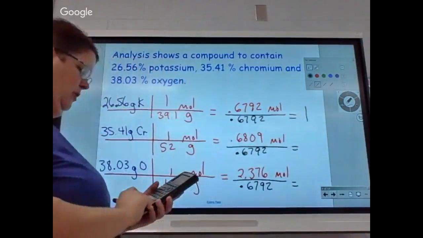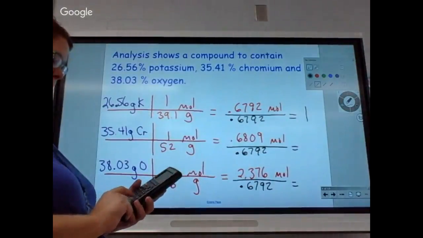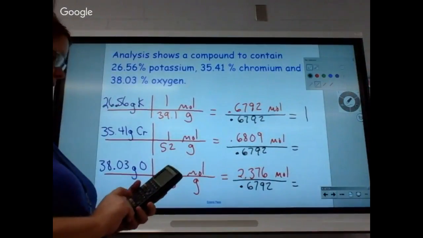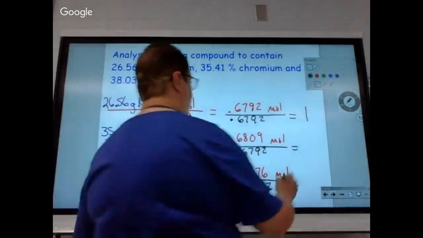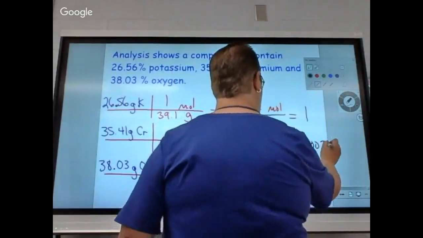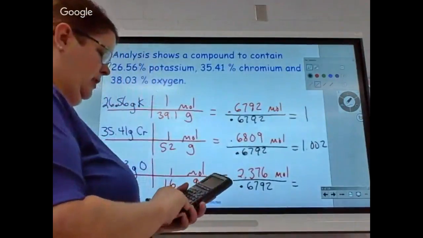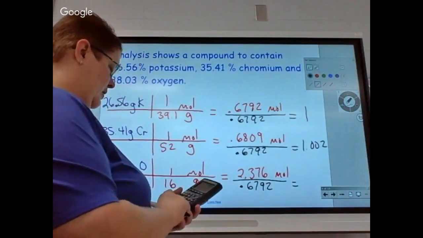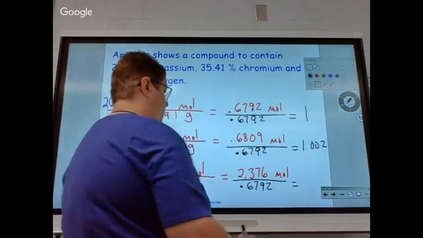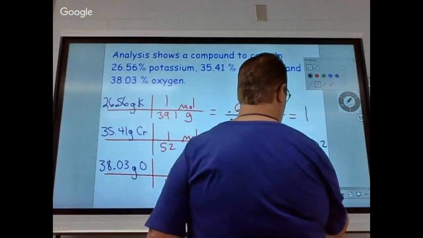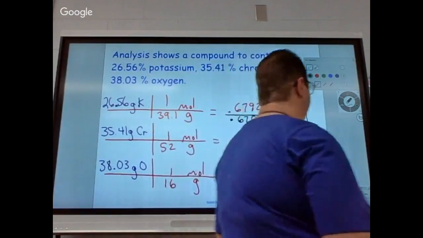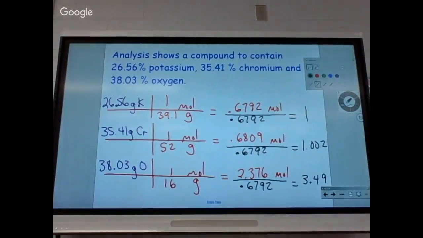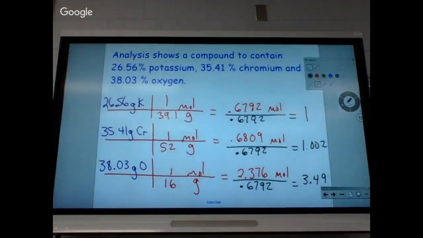All right, so 0.6809 divided by 0.6792, 1.002. 2.376 divided by 0.6792. All right, what do we get?